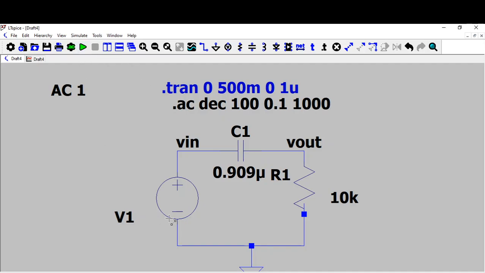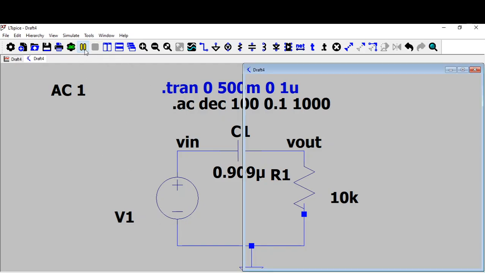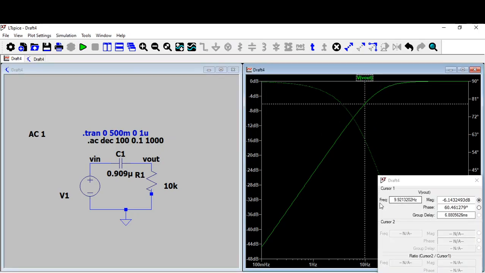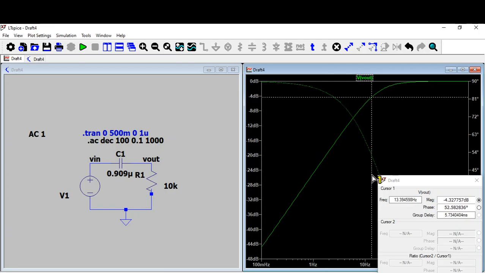So at 17.05 hertz, that you can see here. Just have a look at this frequency, 17.05 hertz. Are you very close to that?